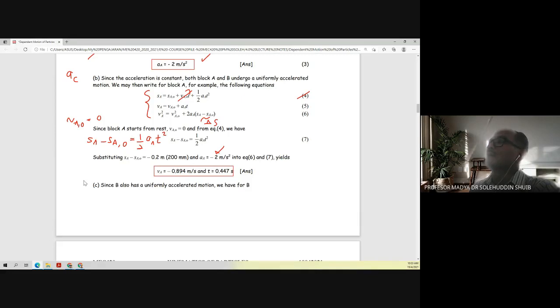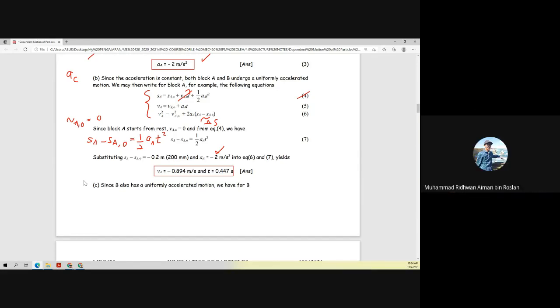So delta s equals half a t squared. And then, is it correct that the answer for v_A is this? Yes, bro, please check. Yes, doctor.